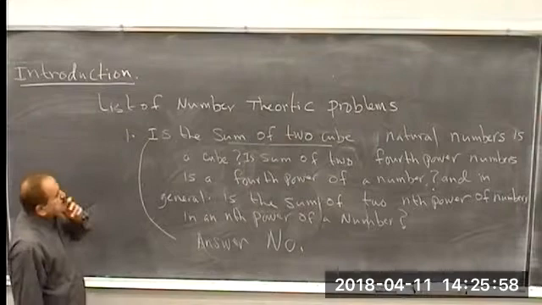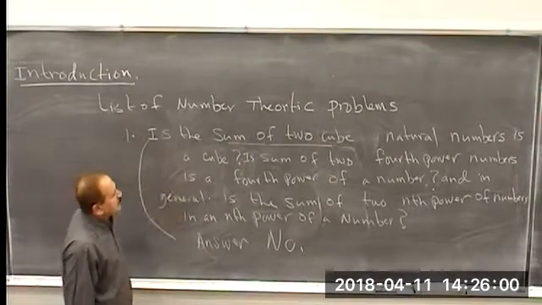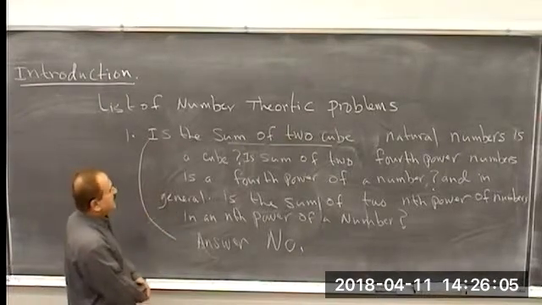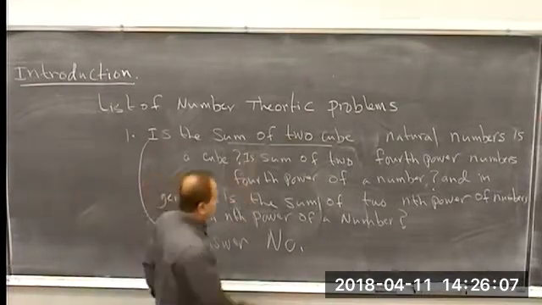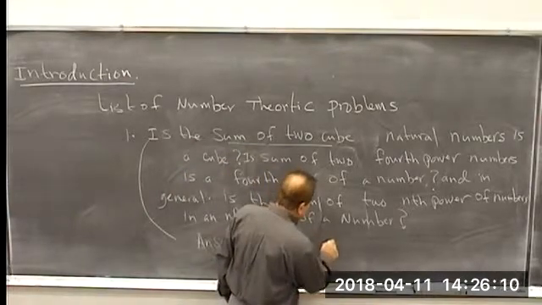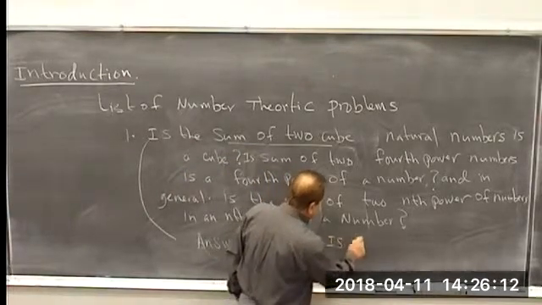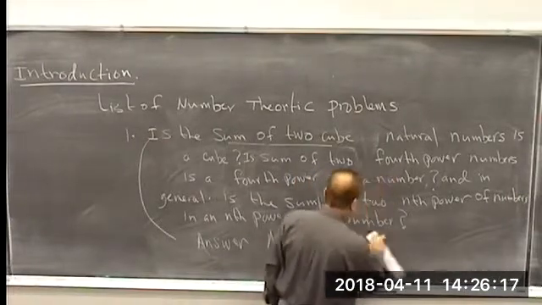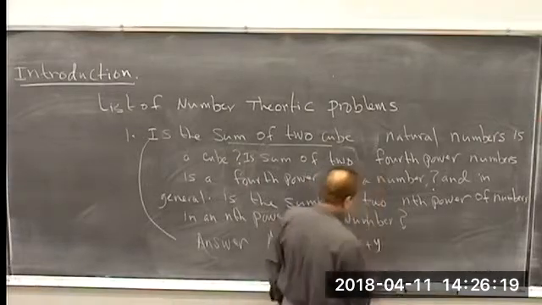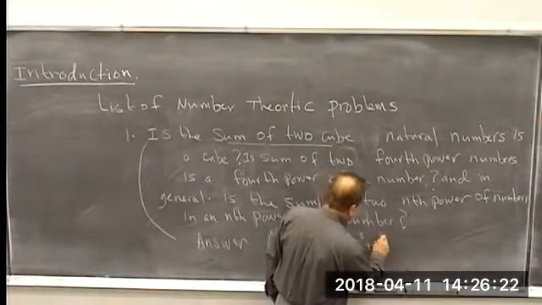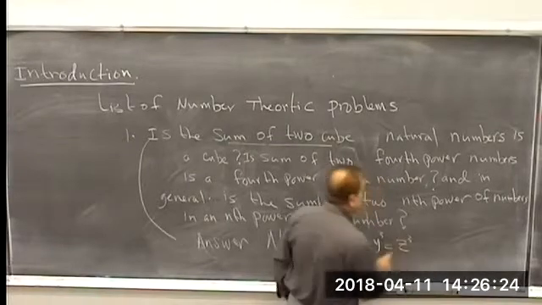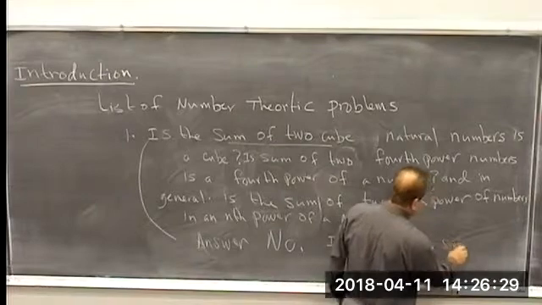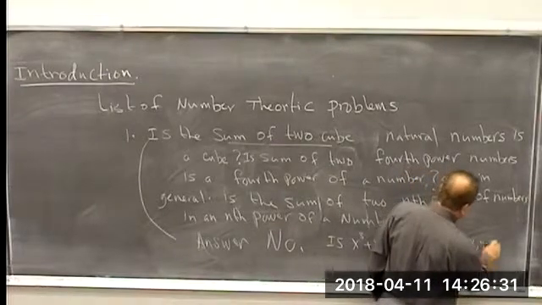In fact, if we translate this into the language of mathematics, algebra, arithmetic, what it says is: x squared plus y squared, we have this one true, of course, for the square. Is x cubed plus y cubed equal to z to the third for some x, y, z?